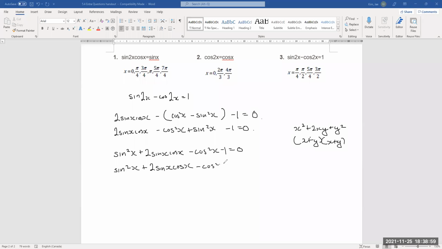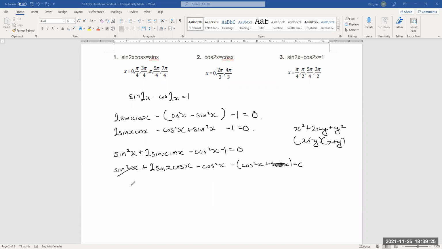So I'm gonna see if that -1 can be rewritten as negative of cosine squared x plus sine squared x. And if I do that, then this becomes negative sine squared x. That subtracts with this.